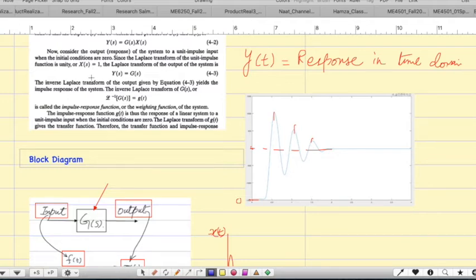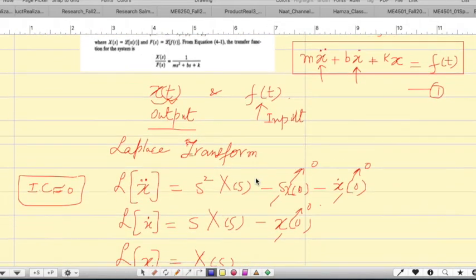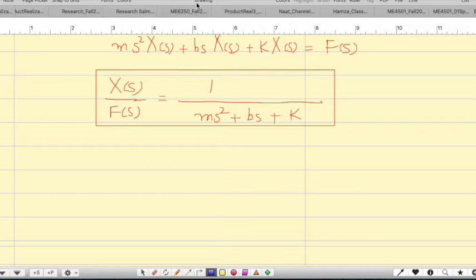So let's conclude this Laplace transform. Okay, I would like to mention one more thing.